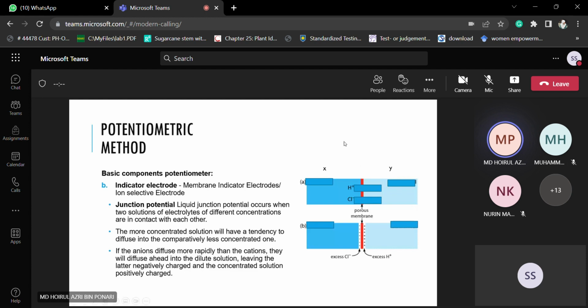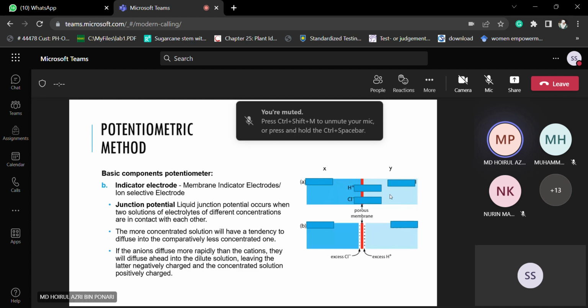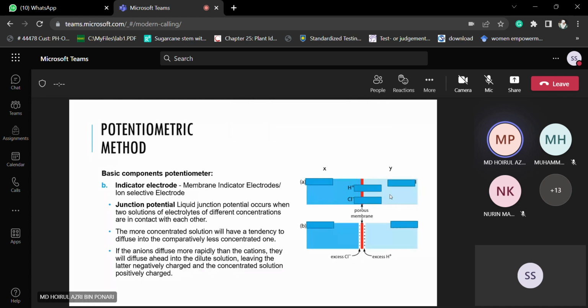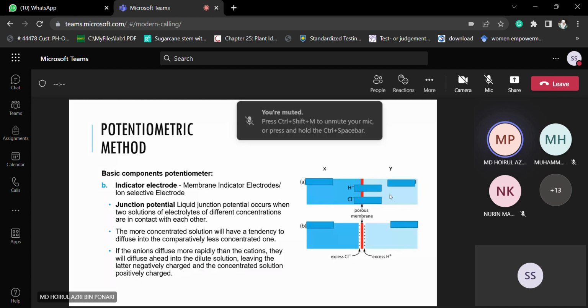So before both solutions reach equilibrium, in the process they akan ada different electrical or charge gradients. Yang dekat sini, Y ni dia akan ada excess of positive ions, sebab hydrogen ion ni dia lebih kecil and it easily diffuses into Y solution.